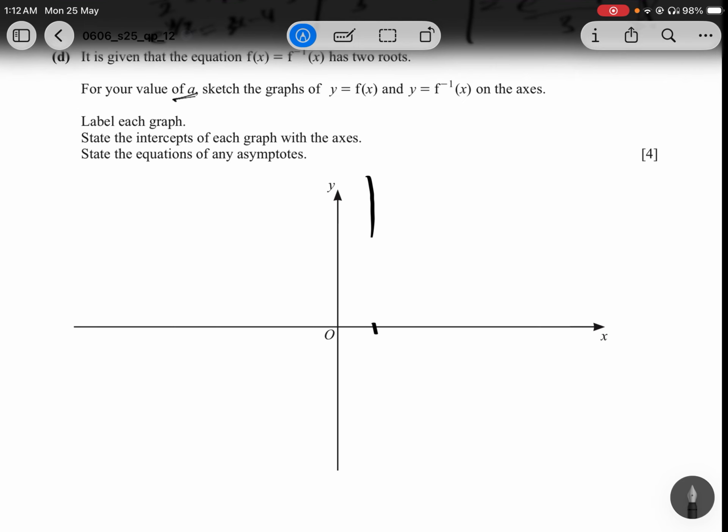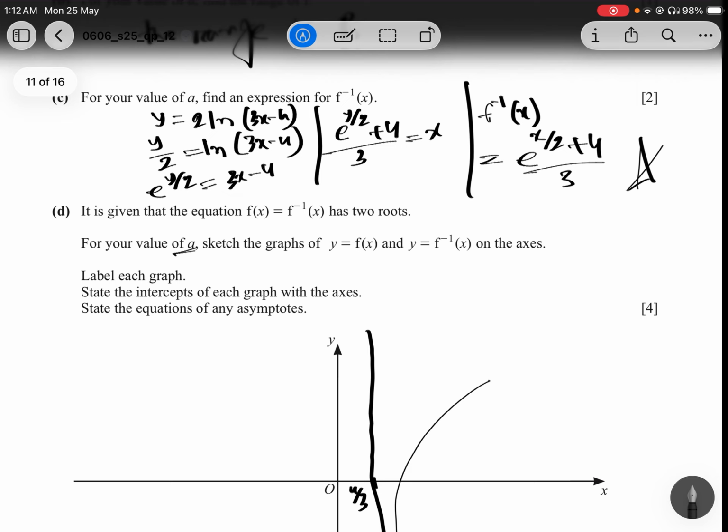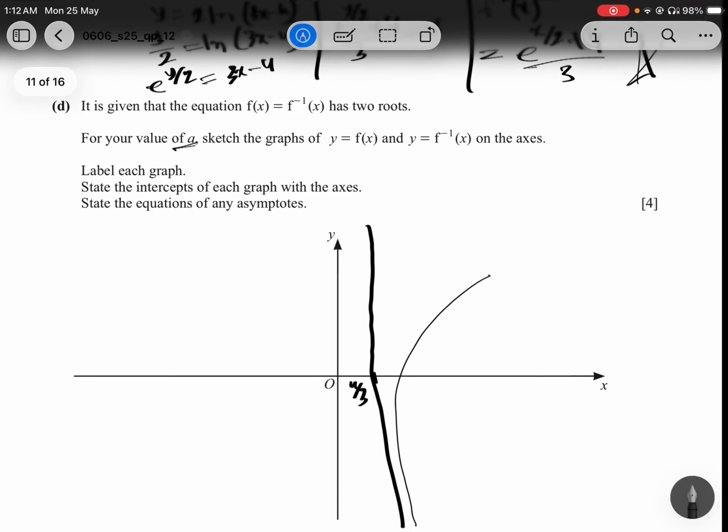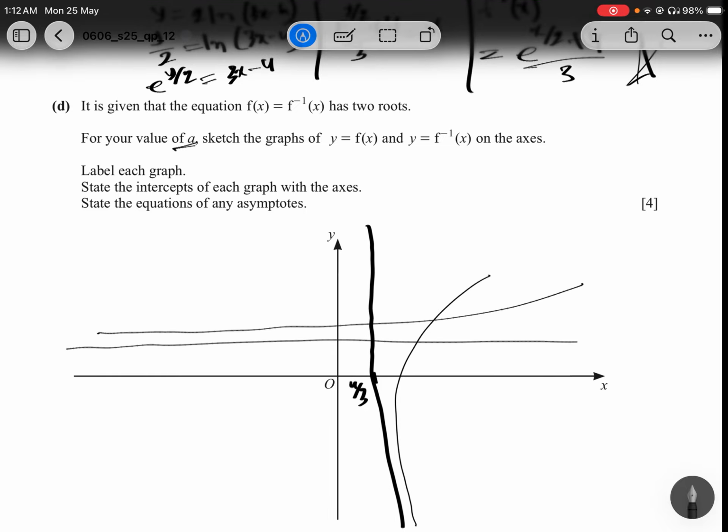Let's check. This is a line of 4 by 3 here. So it will become like this. And for the inverse one, I'm taking this as a line 4 by 3, so it should be like this.